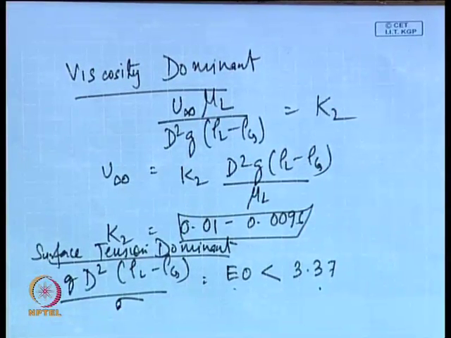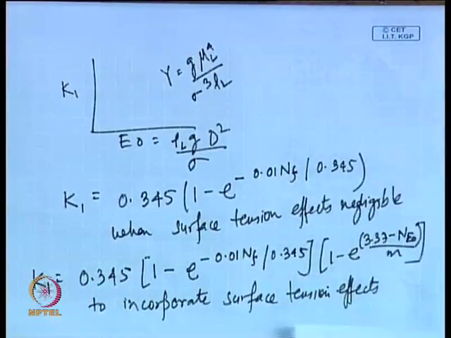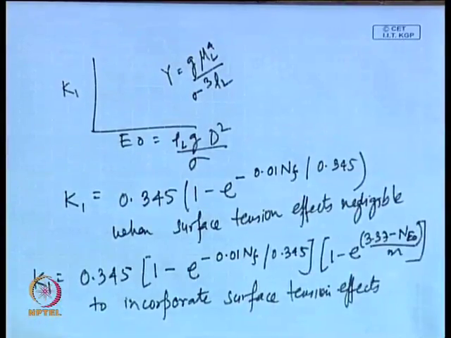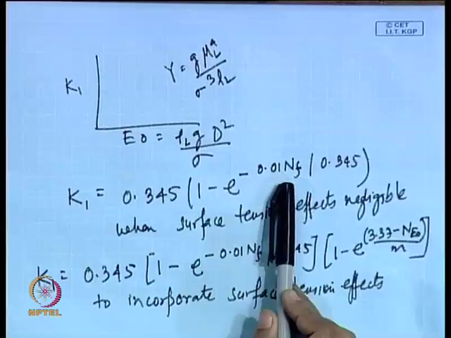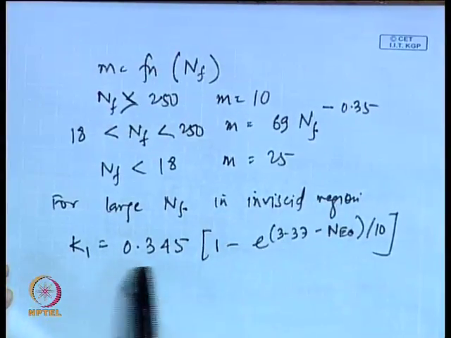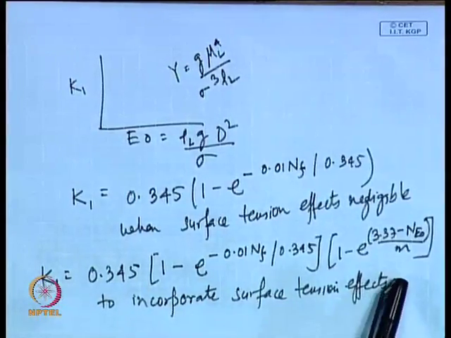And when more than one force is important, when inertia and viscous forces are important, I have already given you the expressions here. When inertia and surface tension are important, this is the expression, and when everything is important, usually this is the expression that we use.